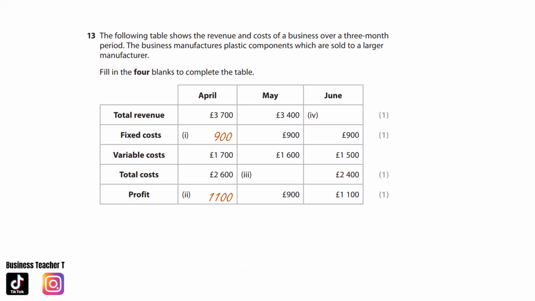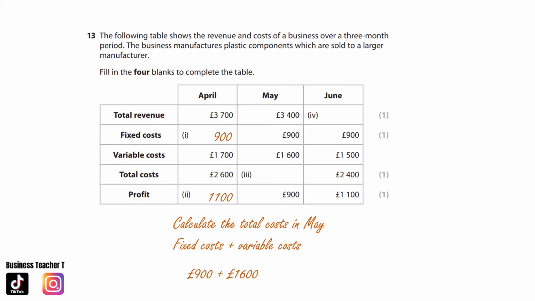Next, we are required to calculate the total costs in May. Now what we do to calculate total costs is add the fixed costs to the variable costs. Fixed costs are £900 and our variable costs are £1,600. So our answer is £2,500.